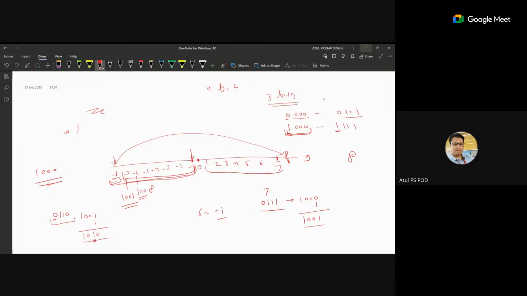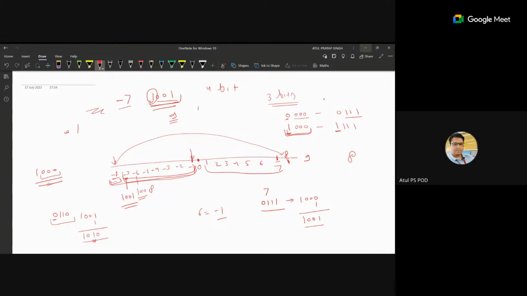So 2s complement representation is different. Negative representation using the 2s complement is different. We cannot directly read the value, but the computer calculates in that way using this conversion. So it will directly convert the positive value into a negative value by the 2s complement. So this is the way to convert the 2s complement.